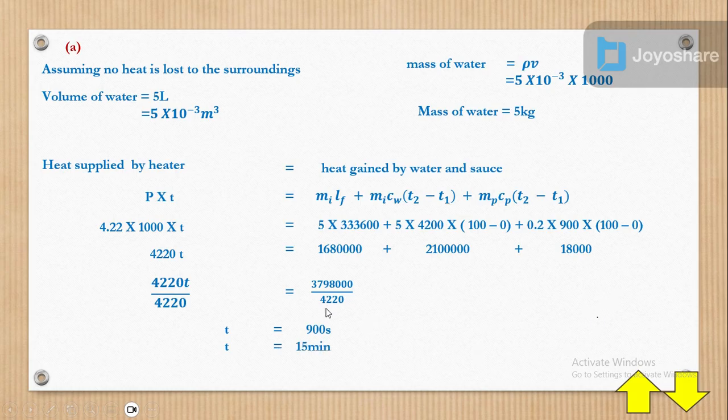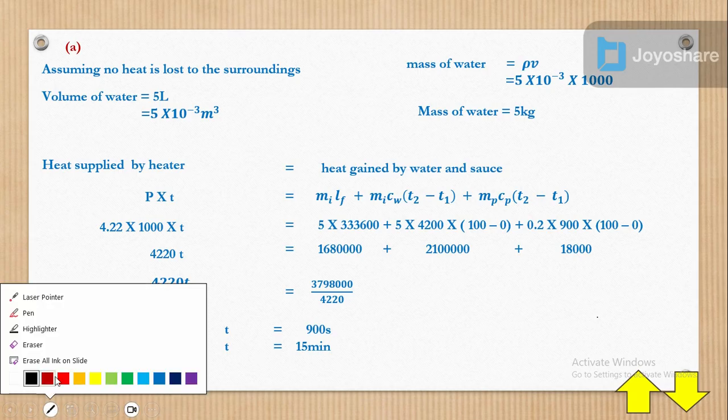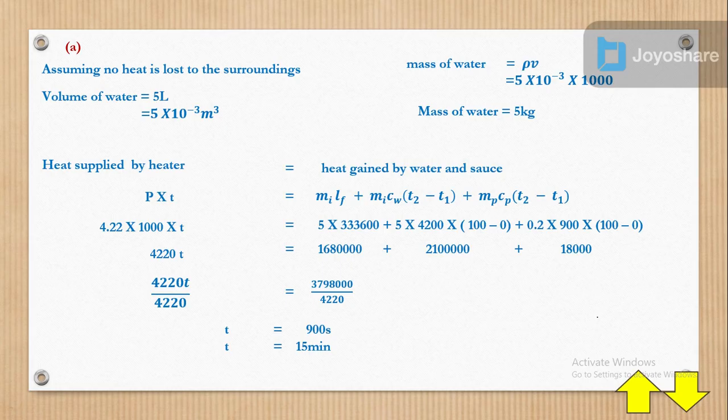So finally when you divide, you find that t is equal to 900 seconds. If you try to convert the seconds into minutes, you get 15 minutes. So it will take her 15 minutes.